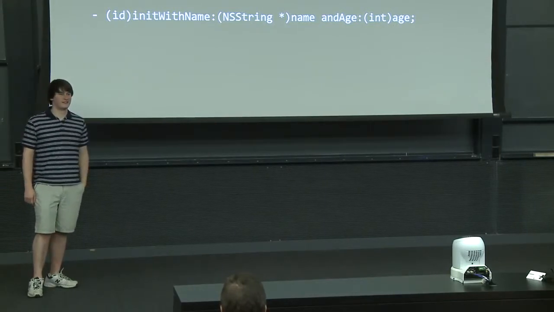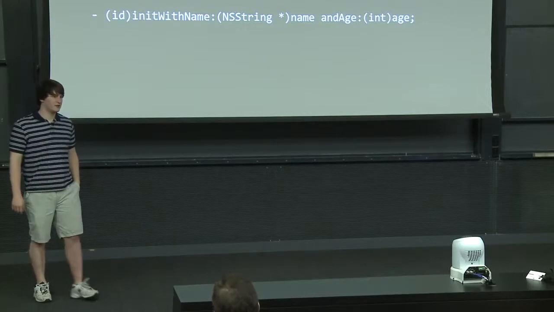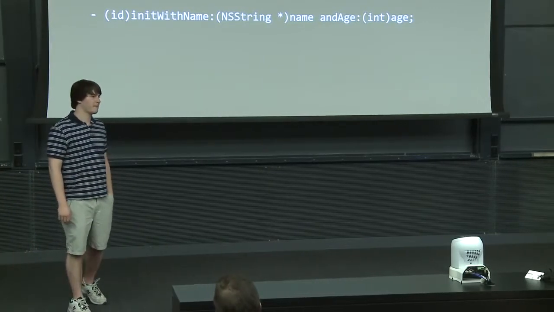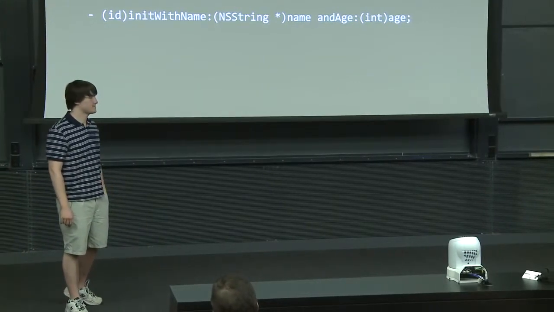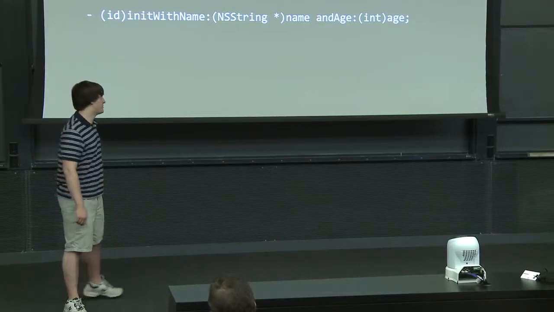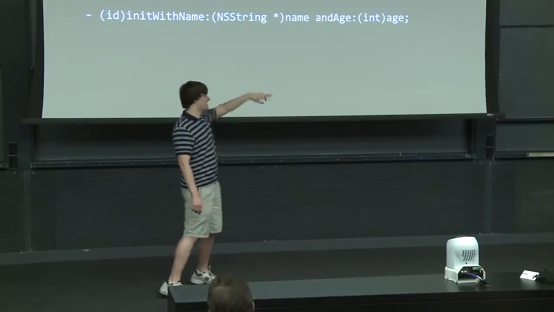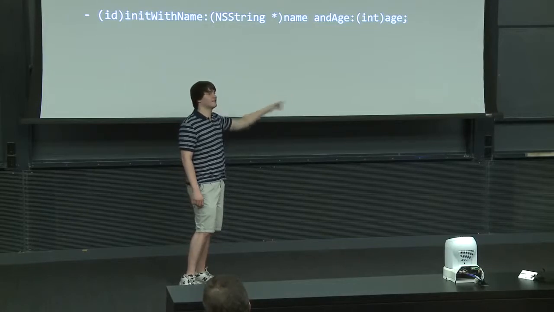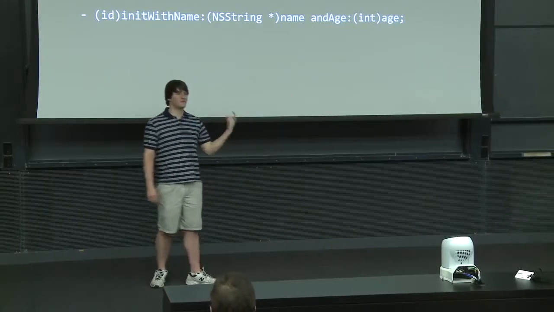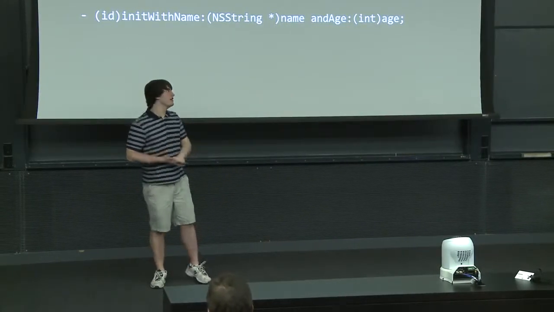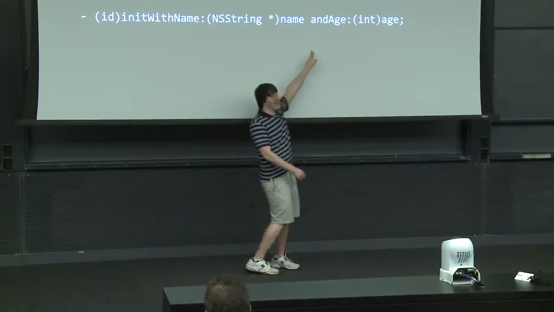Other questions? Yeah. We would just put more, and gender and year and whatever. It's the number of colons that specifies. In theory, we don't need to say and age.